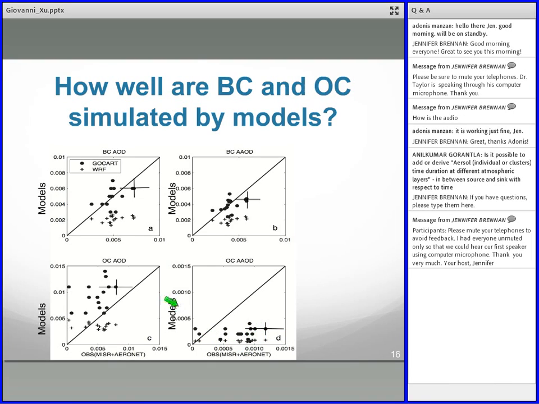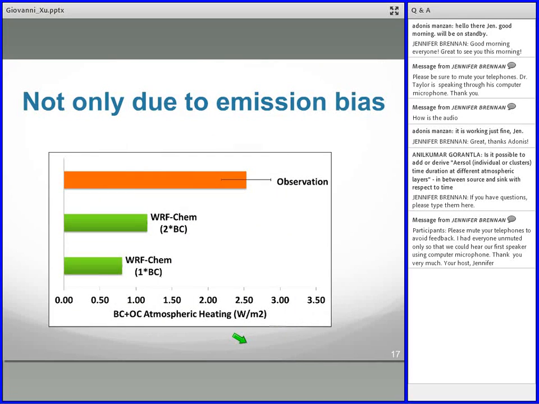The WRF-CAM run by the DOE lab again underestimates both the black carbon as well as the organic carbon contribution. And again, the DOE lab WRF regional model also has no organic carbon absorption. So as a sensitivity test, we increased the emission factor in the WRF model by a factor of 2.